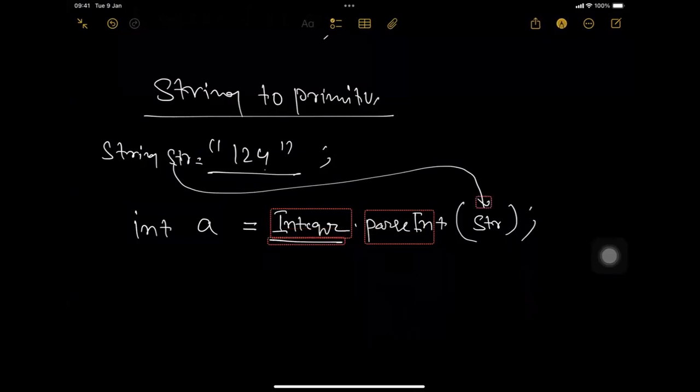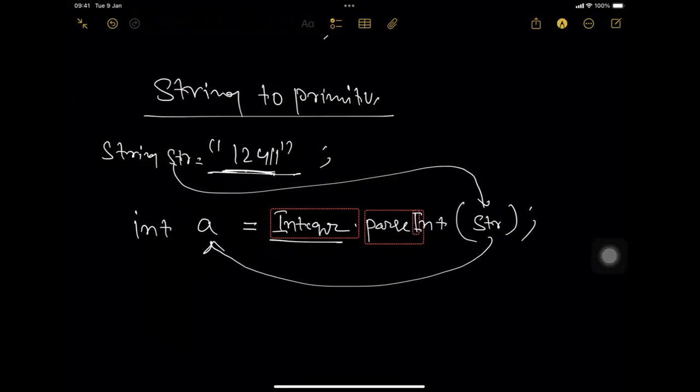So if this value is a number, then it will convert this to primitive data type. Let us assume you are passing something like 999999999999, which is beyond the limit of integer.